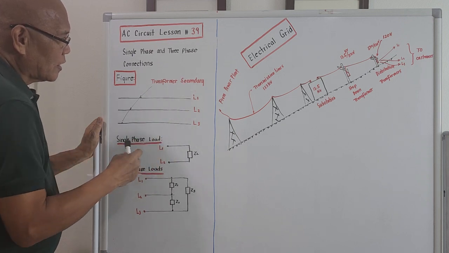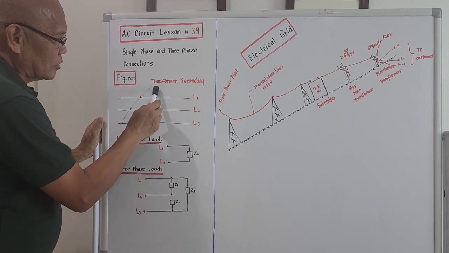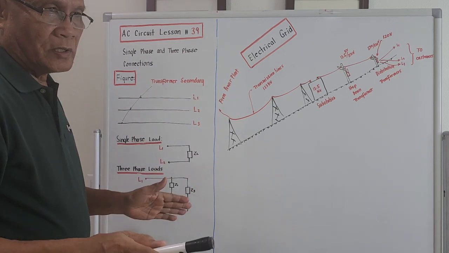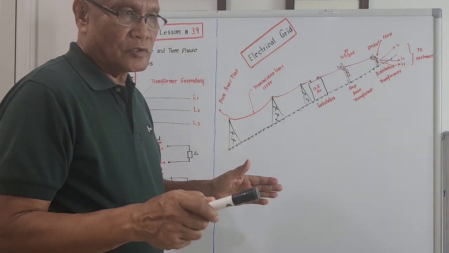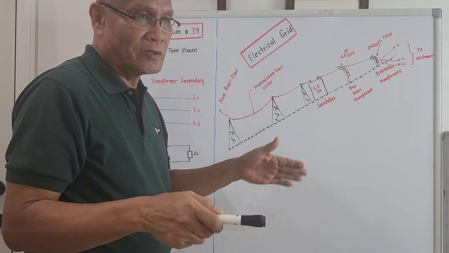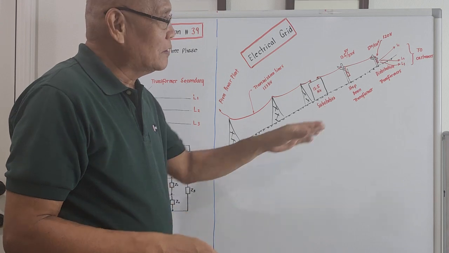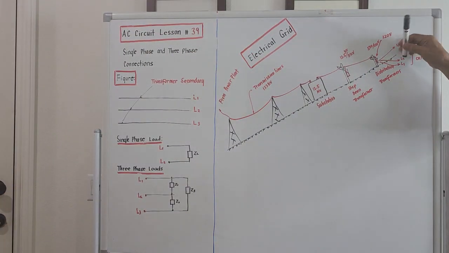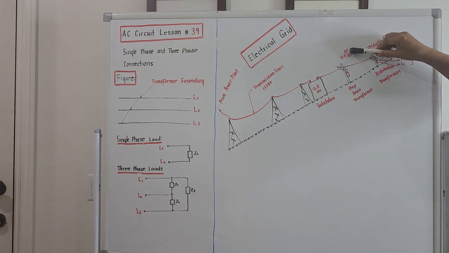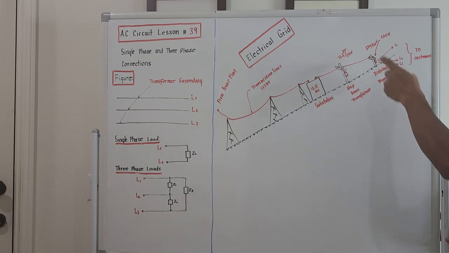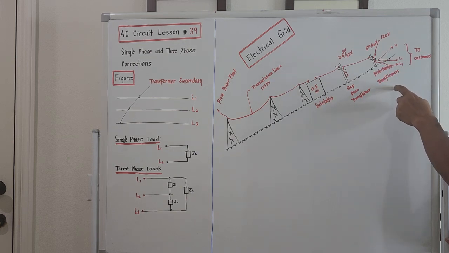These three lines are actually the transformer secondary, the so-called distribution transformer, which is hung on the post outside. We got a post over here, and the one hanging over here is actually a distribution transformer.